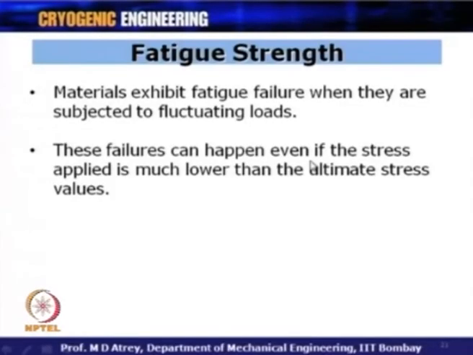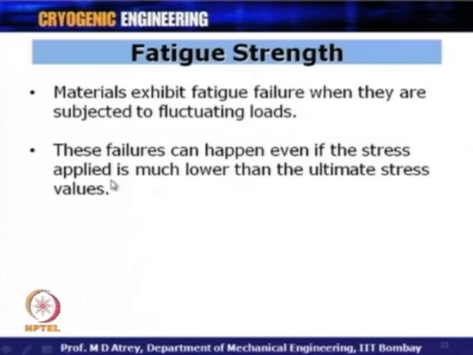These failures can happen even if the stress applied is much lower than the ultimate stress value. The fatigue strength is actually much less than the ultimate strength of a material. So, one has to really understand that the failure of this bearing will be because of fatigue.